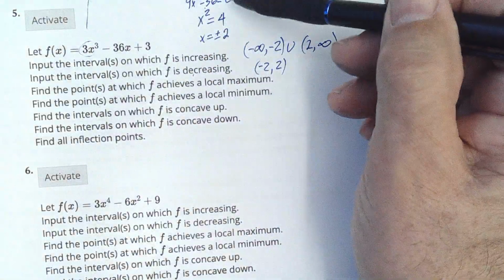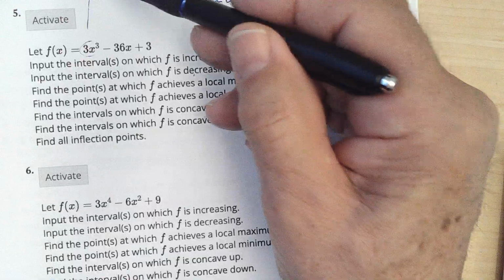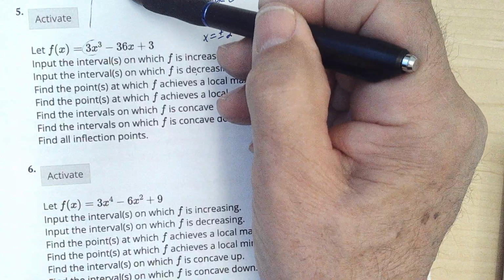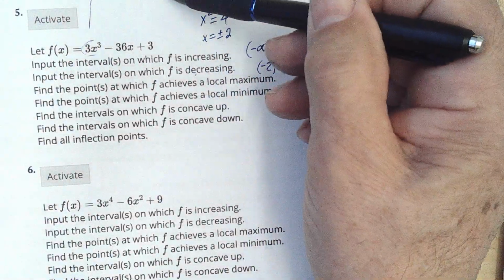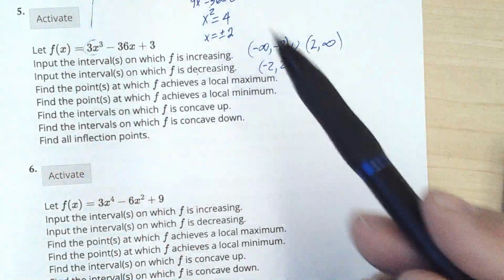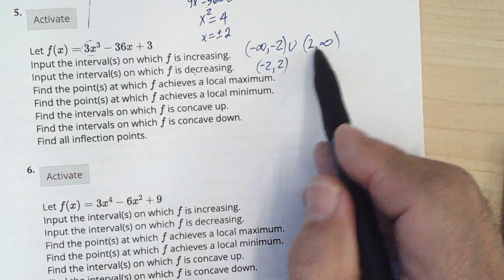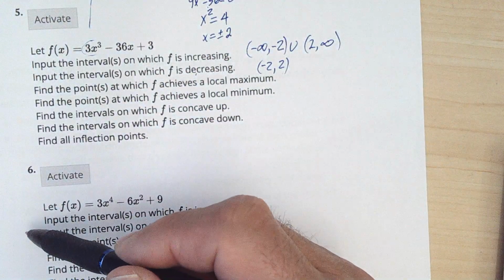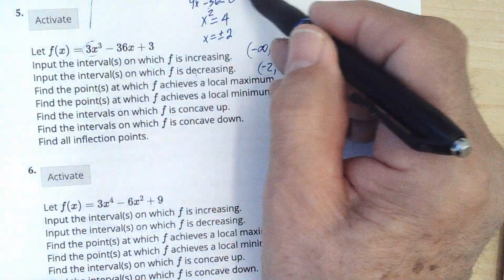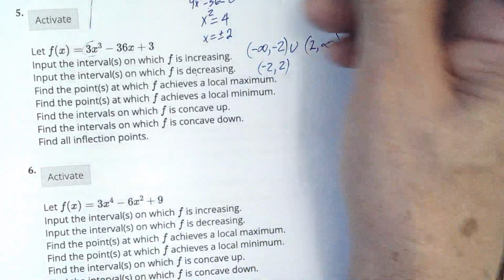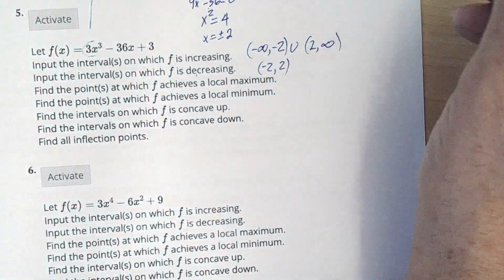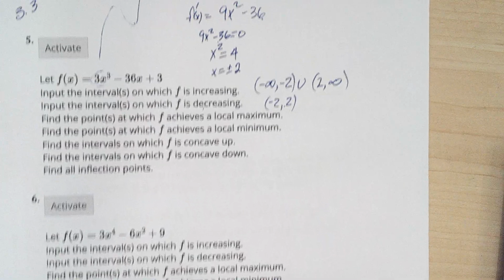So this is going up. Then if I put something in between negative 2 and 2, like 0, I get negative 36. It's decreasing. And then if I put something past 2, like 3 or 4 or 10, I get positive numbers, and it's increasing. So I can tell whether it's increasing or decreasing without looking at the graph. I could just plug numbers into the derivative and find out it's got a positive slope, then negative slopes, and then positive slopes. So that's the idea there.